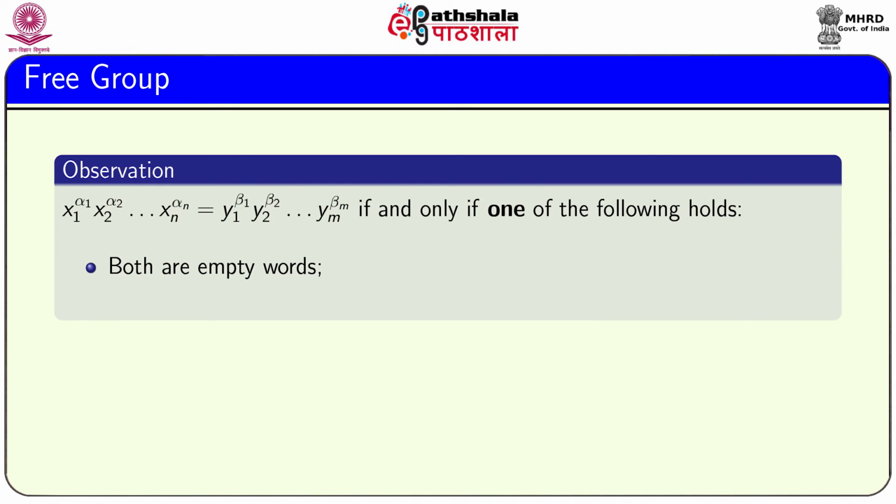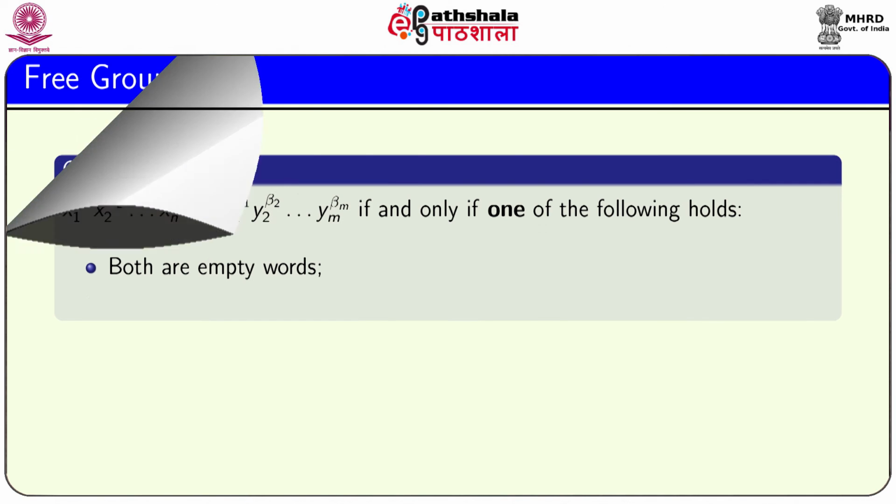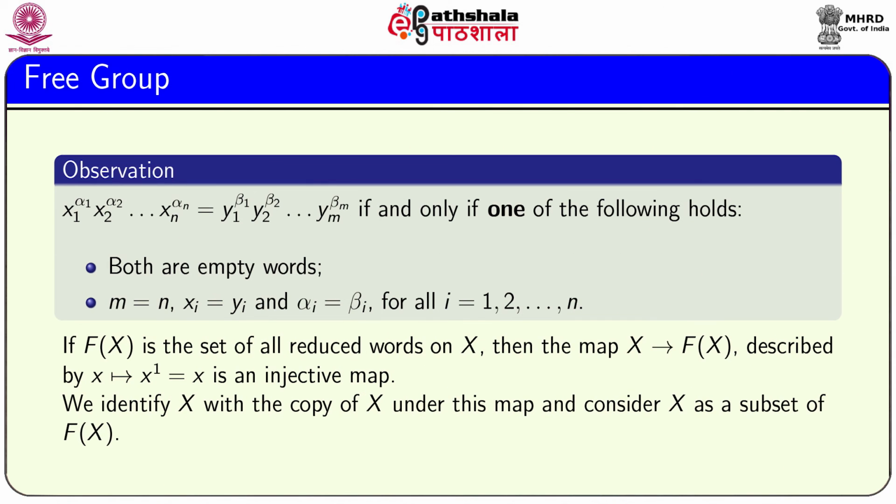We observe that two reduced words are the same if and only if either both are empty words, or m equals n, xi equals yi, and alpha i equals beta i for all i equal to 1 to n.